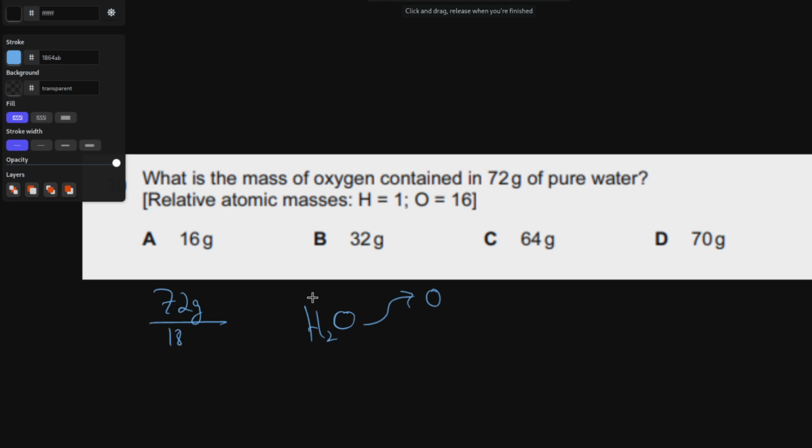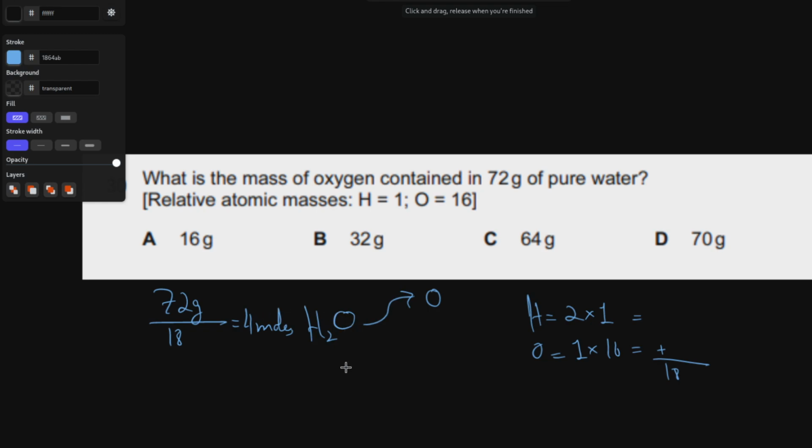How do we figure out it is 18? There are 2 hydrogens, then that means 2 atomic mass units, because 1 hydrogen has 1 atomic mass unit, and there are 2 of them, and we have 1 oxygen with 16 atomic mass units. At the end of the day, if we add them all together, we will get 18. This will give us 72 upon 18, 4 moles of H2O. It is talking about 4 moles of H2O.